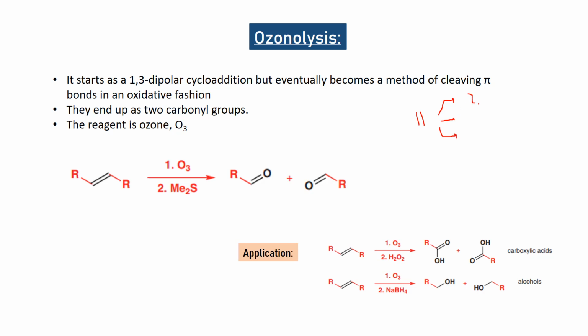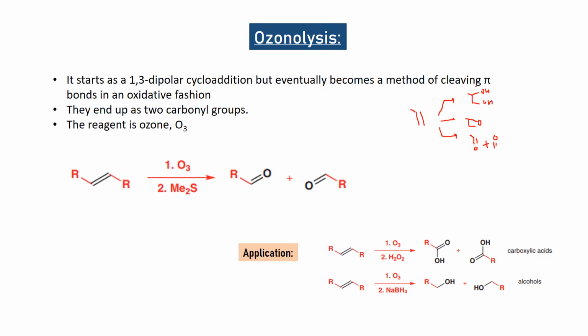One is dihydroxylation, another is epoxidation, and the last one is just cleavage of the double bond. Okay, so there are three types of oxidation.